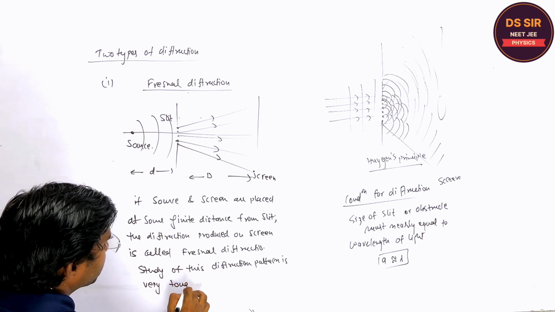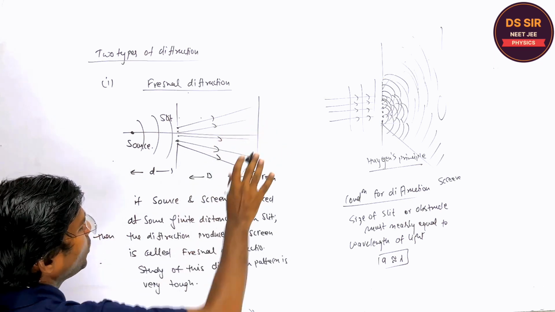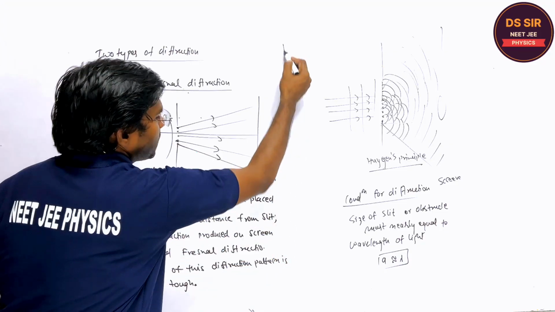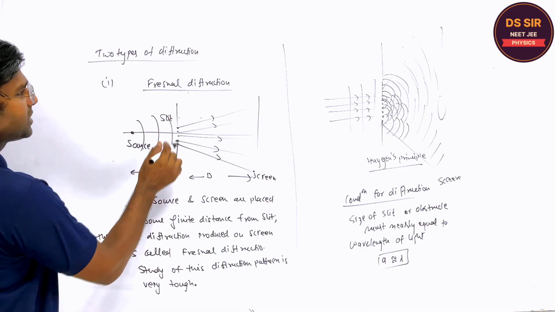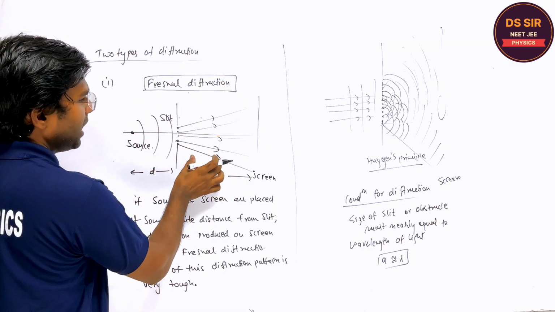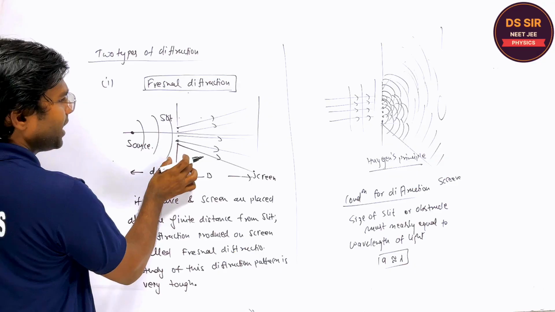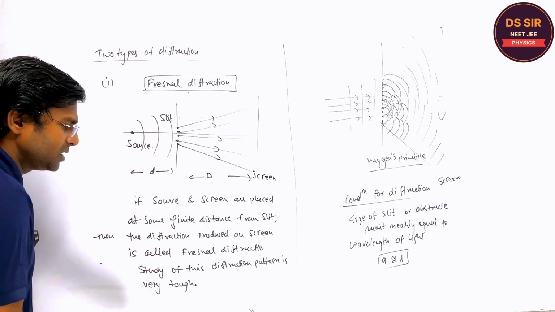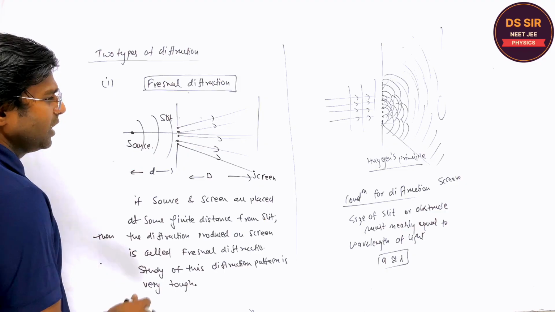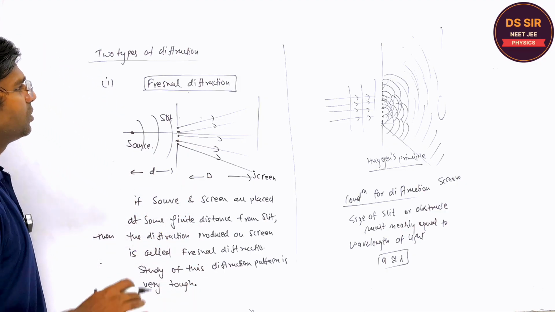Very tough means out of syllabus, you can say. We are not going to discuss this. But this is the definition of the Fresnel diffraction: when the screen and the source are at some finite distance from the slit, then this diffraction pattern, which is very tough to study, we are not going to discuss.